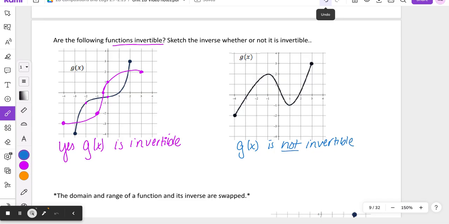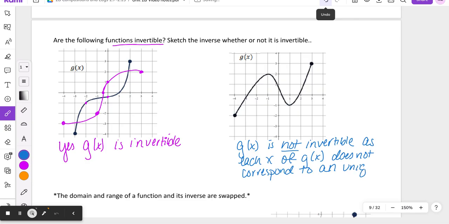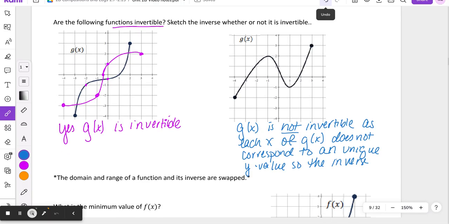And we'll give a reason here: because each x of g does not correspond to a unique or different y value, so the inverse will not have each x going to only one y.